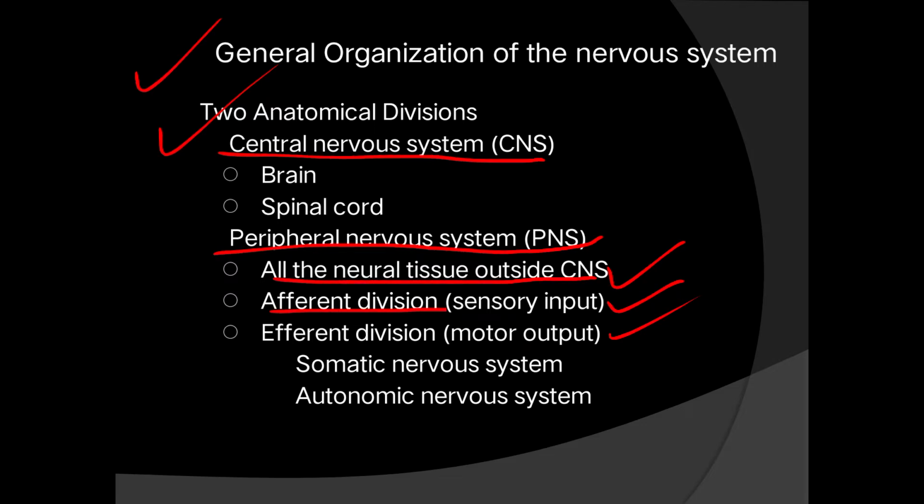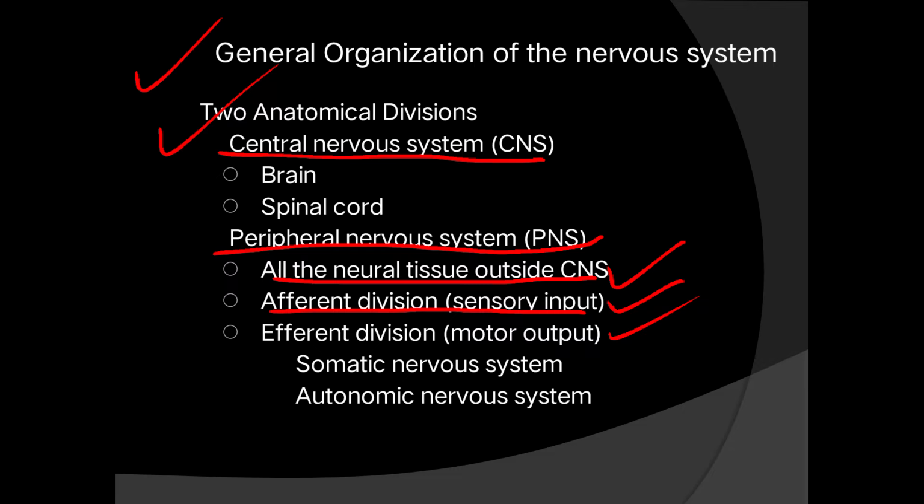The afferent division means sensory input, the nerves which bring in the stimulation that the receptors receive. The efferent division means motor output.